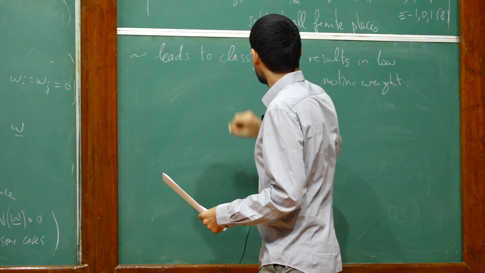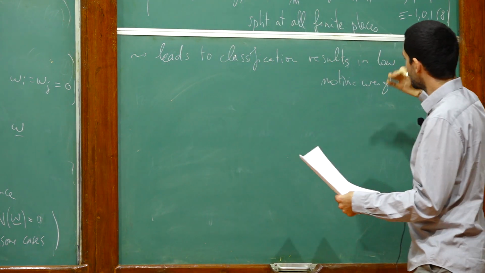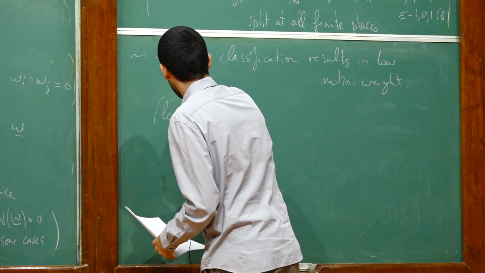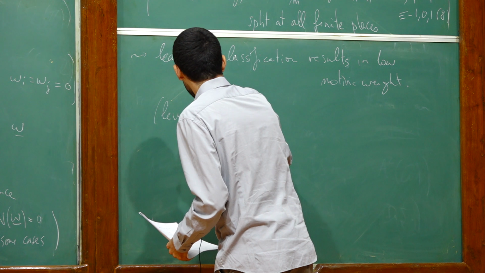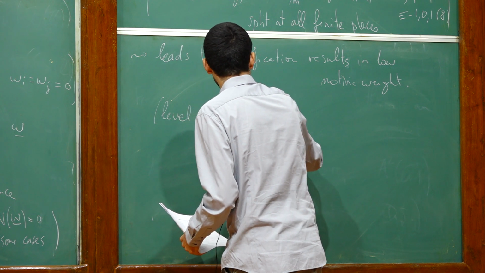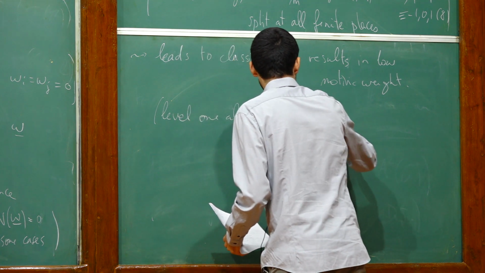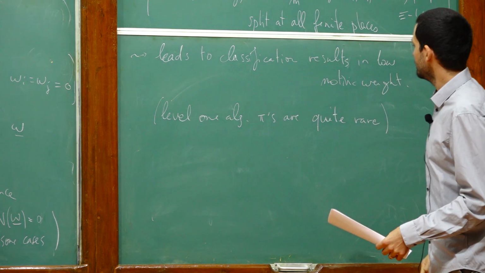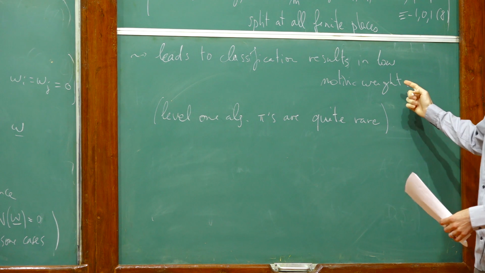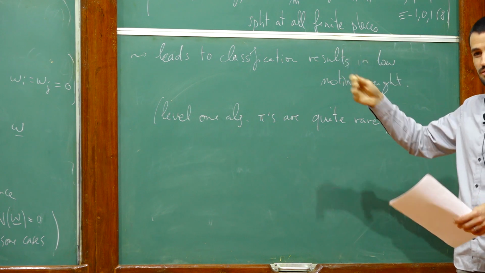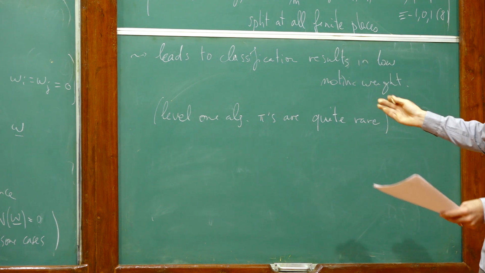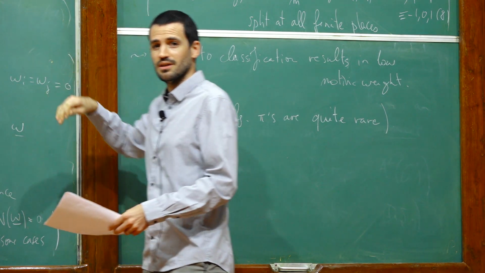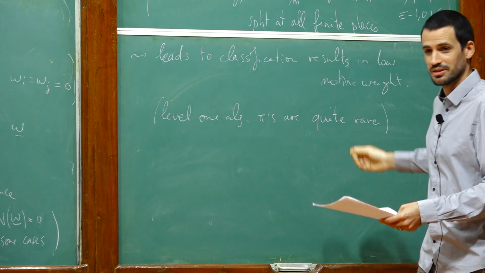But what you see in this classification is that even in the corresponding motivic weights, the level 1 algebraic pies are quite rare. For example, in motivic weight less than or equal to 22, which is already much higher than Ramanujan, and so not bounding the dimension m, there are only 11 such pies.